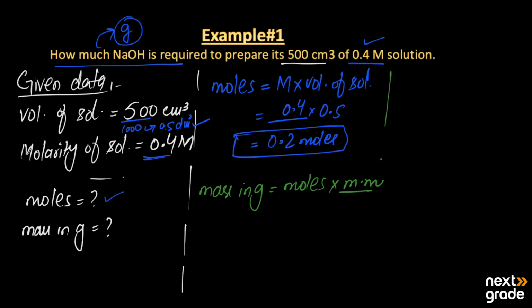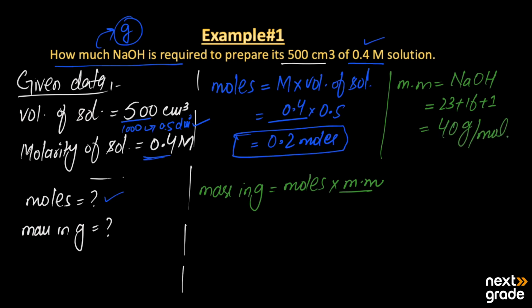Sodium hydroxide, its molar mass, NaOH: atomic mass of sodium we have 23, for oxygen we have 16, and for hydrogen we have 1, and their sum will be equal to 40 gram per mole. So the moles we have are 0.2, and the molar mass we have is 40.